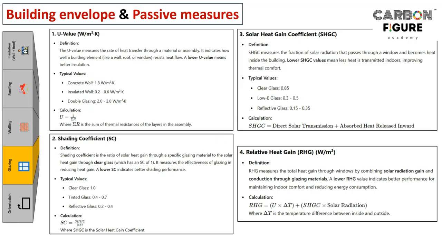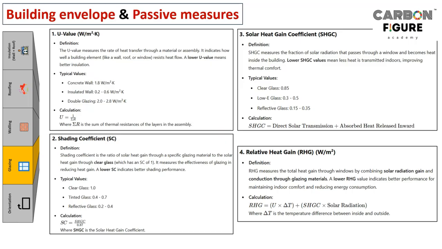So again, the same way. So far, for the three different parameters, lower value seems to be better, right? So typical values: for clear glass 0.85, low E glass 0.3 to 0.5, then reflective glass further reduced down to 0.15 to 0.35. So how is the calculation done?